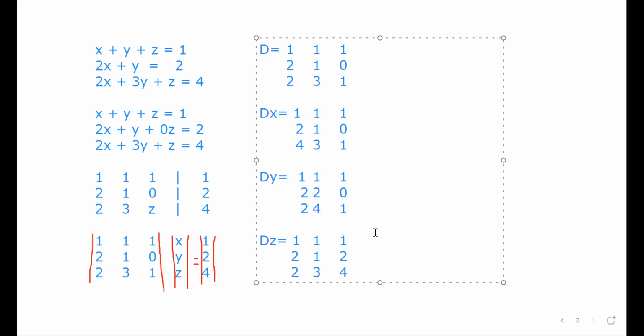So we have found d, dx, dy, dz. Now let's see how to find the determinant of those elements.